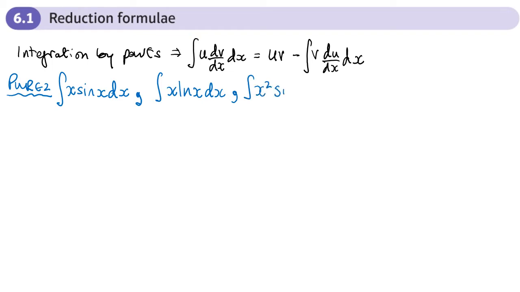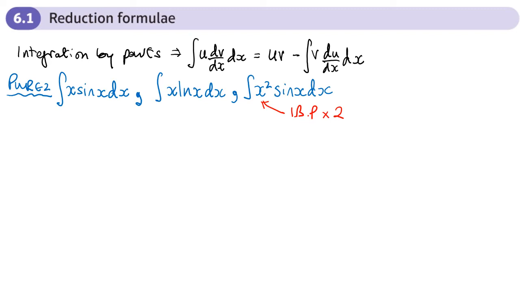So if we had something like this, then we would use integration by parts, IBP, 2 times, because the first time we use it, it will reduce this to something where we've got maybe x cos x, something like that. And that we would then use integration by parts again to reduce this down to something like sine x or cos x. So the most we'd be expected to use integration by parts in pure 2 is 2 times.